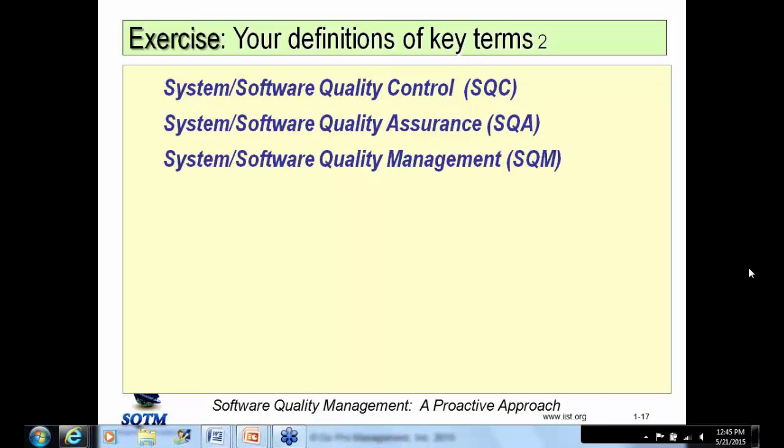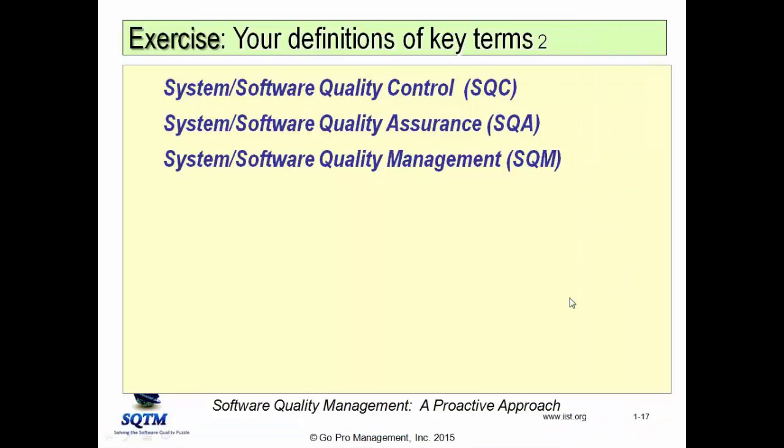QC is related to testing, while QA includes testing and processes, and QM covers developing a strategy out of metrics to make directions for the entire project or organization. Okay, so, well, very good. Thank you for your contributions.